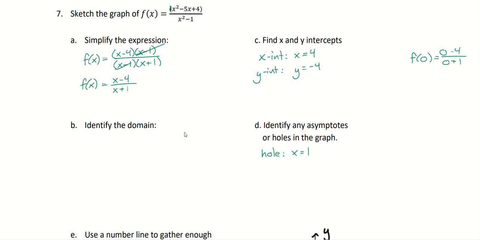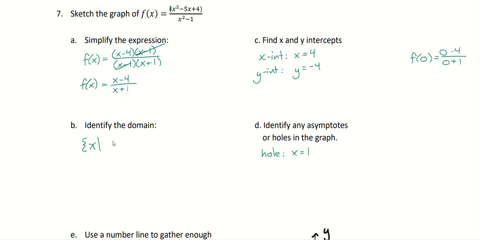Cool. We're cooking still. The domain. This is kind of a shot in the dark question, but any x that breaks our function. And at this point in time, only two things, recall, break our functions to graph. We cannot have a square root of a negative to graph within our real numbers, but we also can't divide by 0. There are no radicals in here. We're looking at polynomial stuff. So that's good.